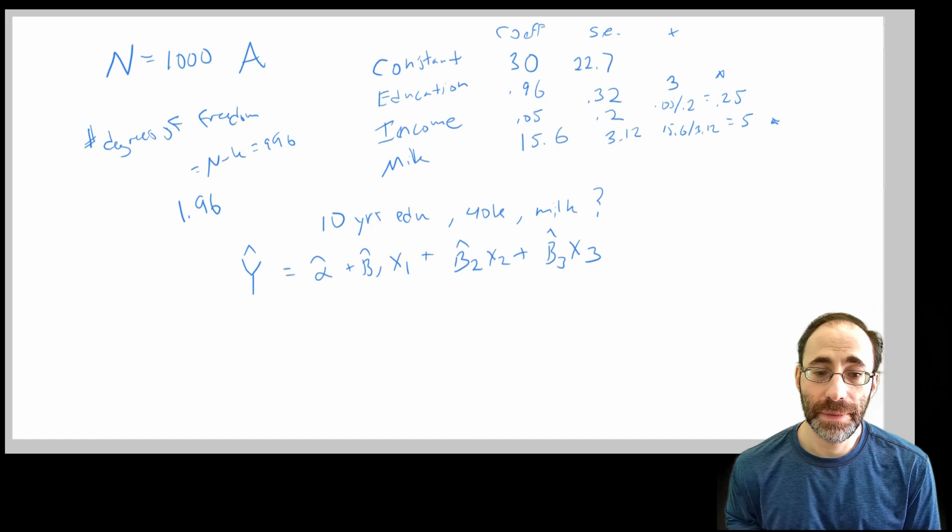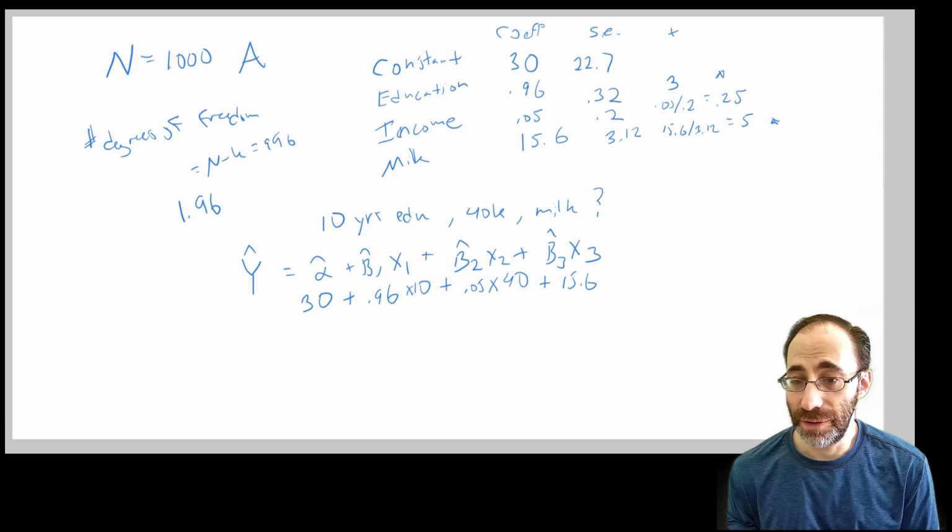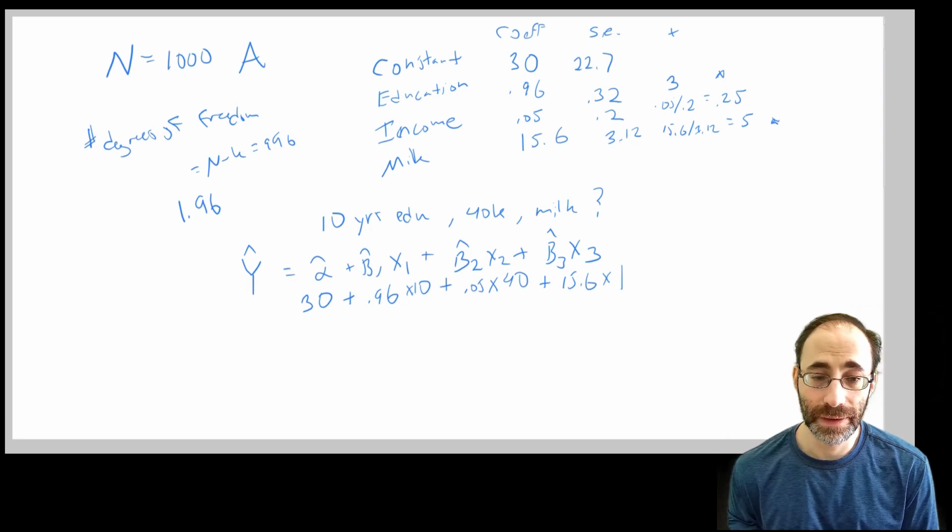So now we have 30 plus 0.96 times, that's the coefficient for x, holding everything else constant, times the value of education, which we have 10. Then we're going to add 0.05 times this variable, which is 40. And then we're going to add 15.6, and this is a dummy variable for milk, so it's 1 or 0, and this gets to 1. So we add those all together, and we get 57.2.